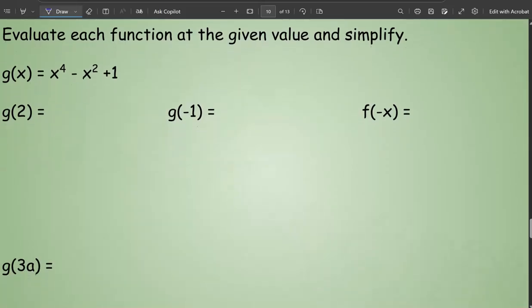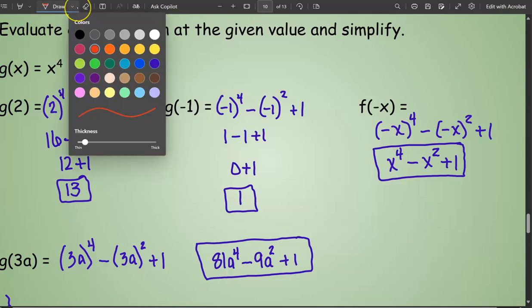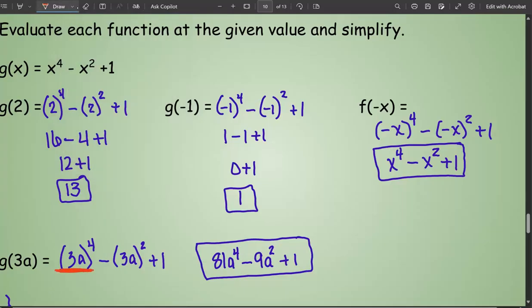I'm going to ask you to pause the video and go ahead and try these, and then come back and check your answers. So hopefully you got 13 for the first one, 1 for the second one, x to the 4th minus x squared plus 1, and then I think the one that may have given you some problems is this last one. But what we have to remember is what 3a raised to the 4th power actually means.